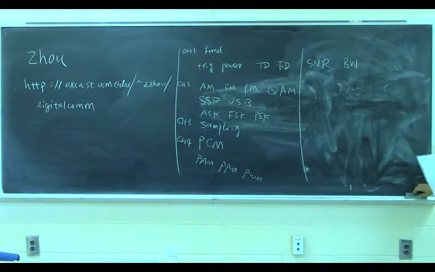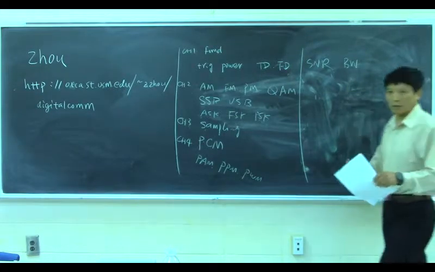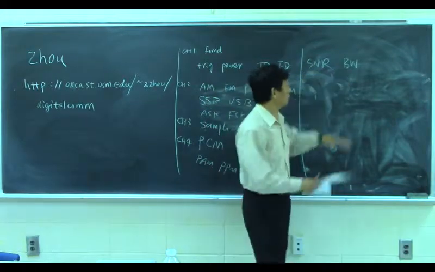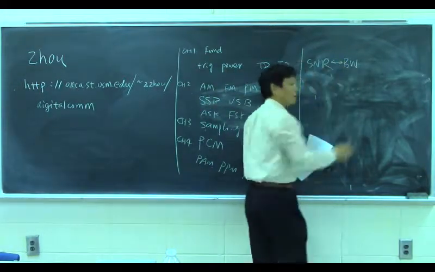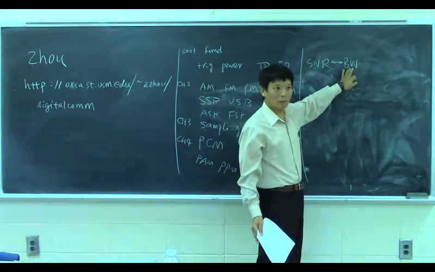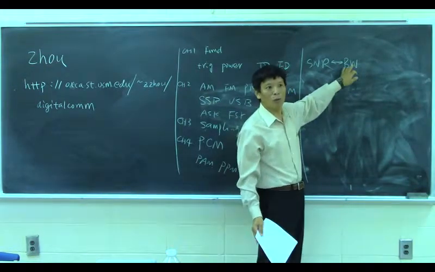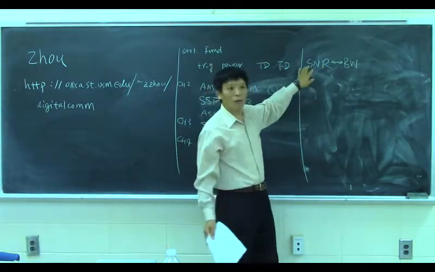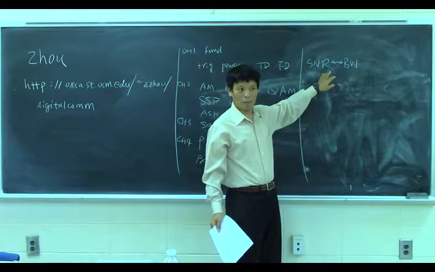Your communication system also has a bandwidth. There's a relationship between the signal-to-noise ratio and the bandwidth. These two are related. For example, if you have an ultra-wideband communication system, your system is very good, then for the same quality, you can have a smaller signal-to-noise ratio.